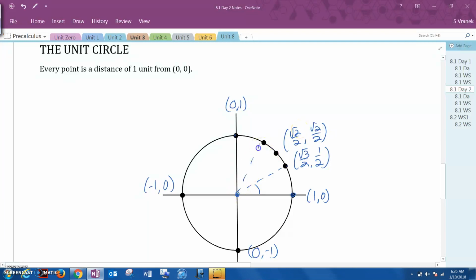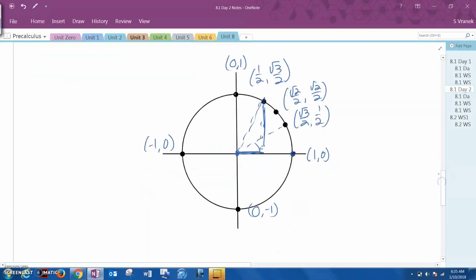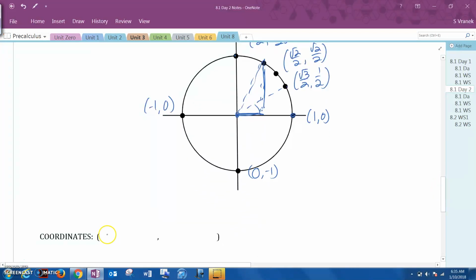And then at the 60 degree, now if you draw the little triangle here, the x is shorter, the y is longer, so the x is 1/2, and the y is √3/2. And what you have to remember here is that the x is cosine and the y is sine, because since the radius is 1, the coordinates down here are cosine of theta, sine of theta.